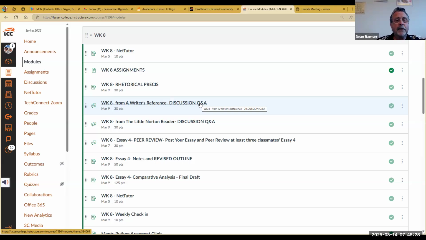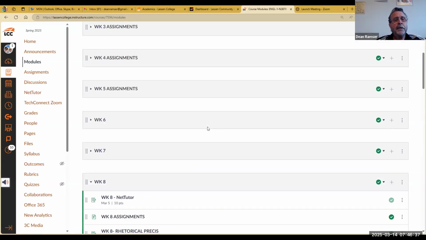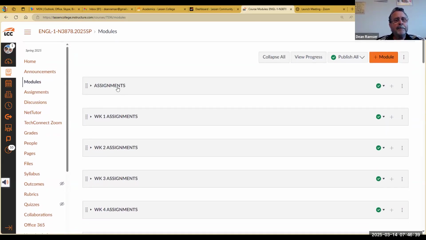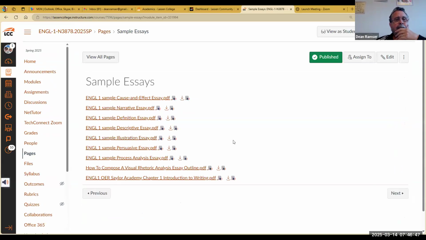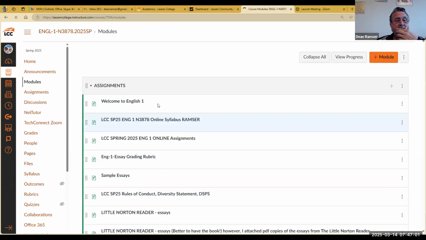One student asked about some examples of a compare contrast essay. And looking at the modules, I thought I put something in the very beginning of the course where you had sample essays: process essay, illustration, description, definition, narrative, cause and effect. So let's go back, see if there's other sample essays.